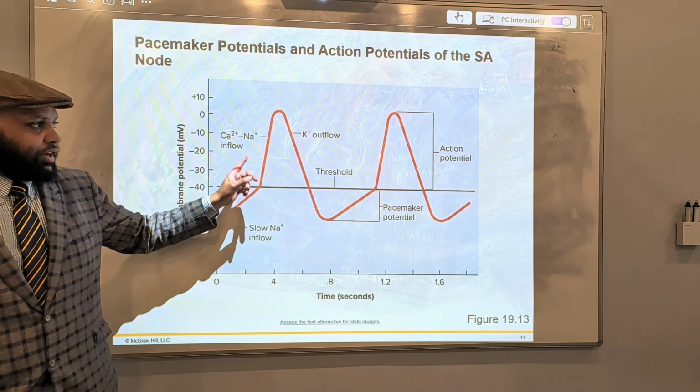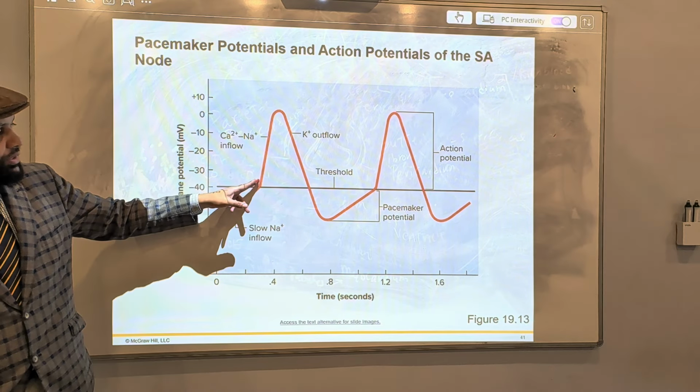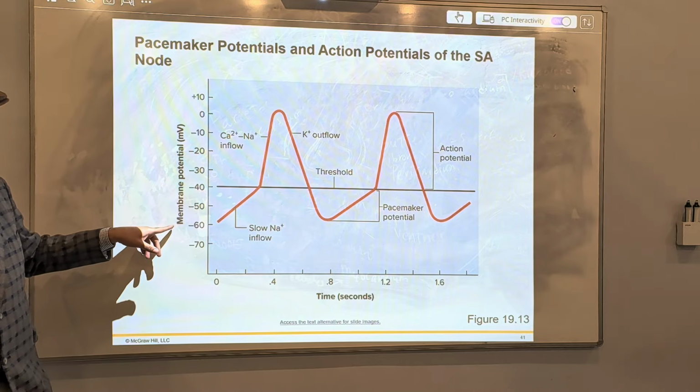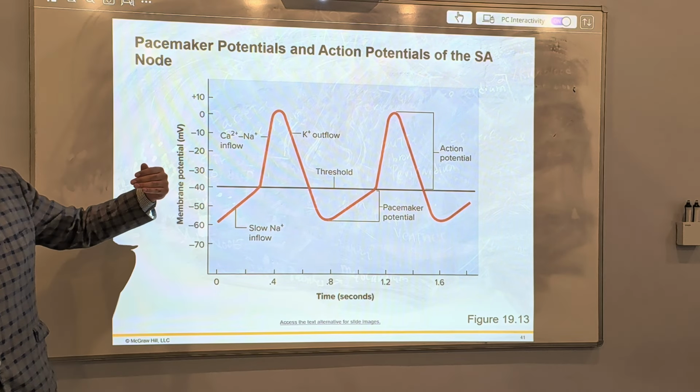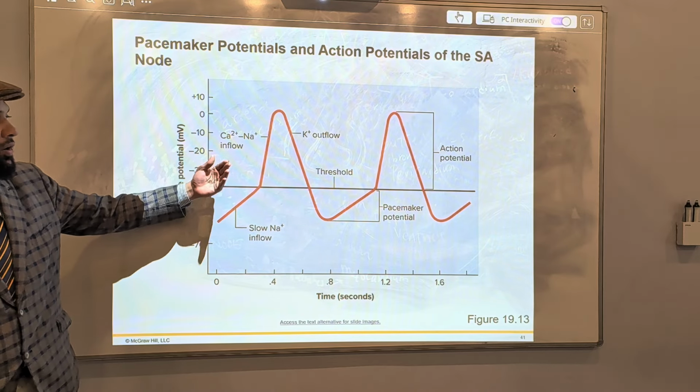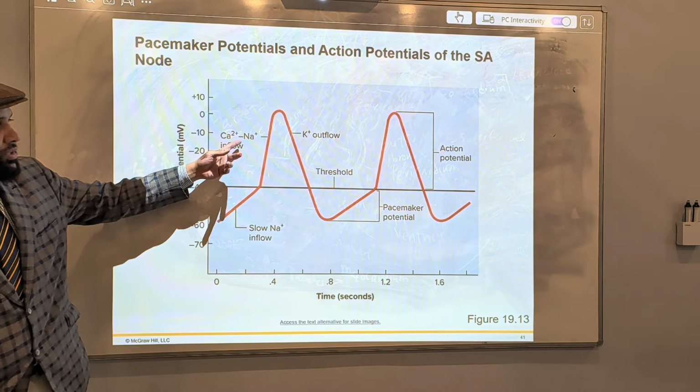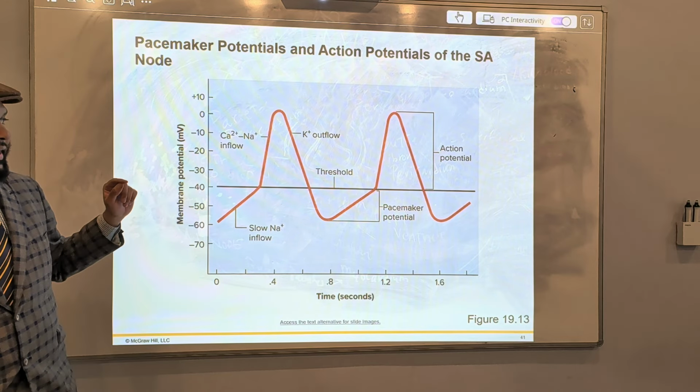You have reached the threshold. Once the threshold is reached, there will be a positive feedback of increased influx of sodium along with calcium.